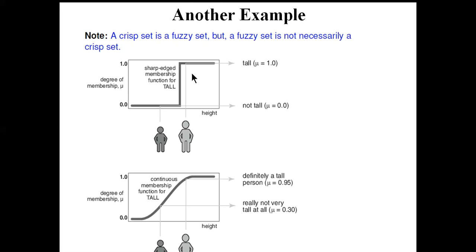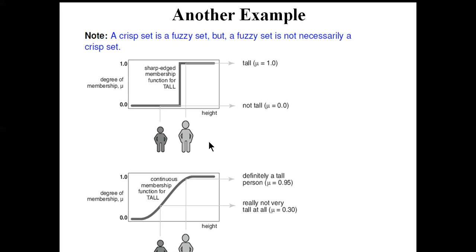Consider that this one is 0 feet and this one is 7 feet. If the height is greater than 5 feet, we call it tall, and if less than 5 feet, we call it not tall. For tall, the corresponding membership function will be 1, and for not tall, the membership will be 0. So that is crisp logic. The answer will be either 1 or 0.